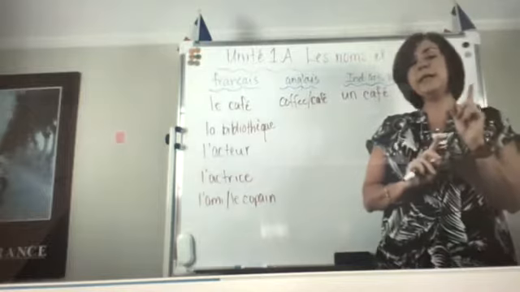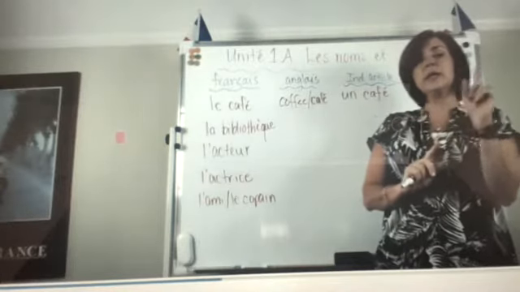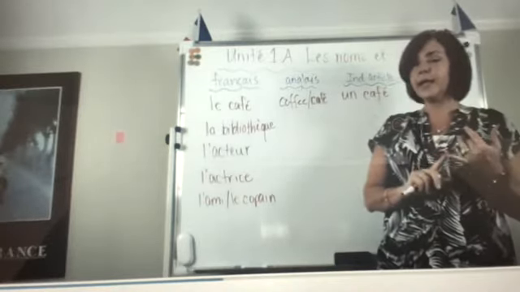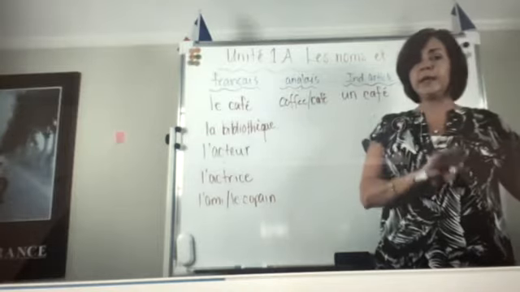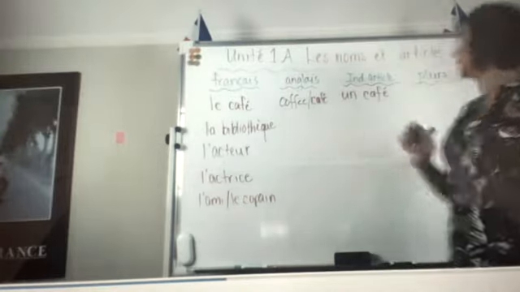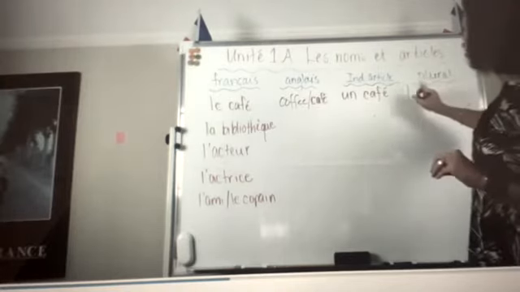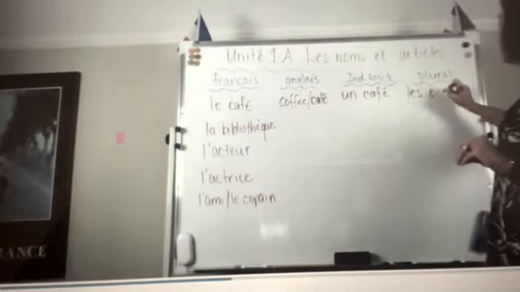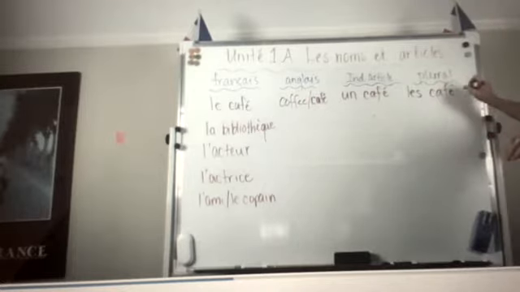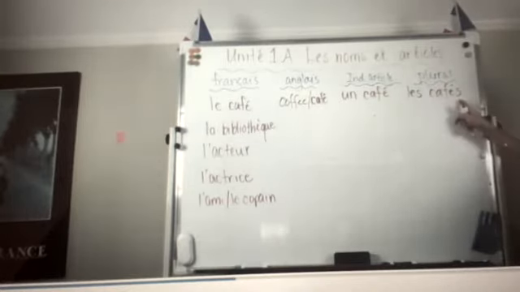And then my EAU nouns get an X added to them, and AL, take that AL off and add AUX. All right, I've got un café. I'm going to say les cafés. And I added my S to the word café.